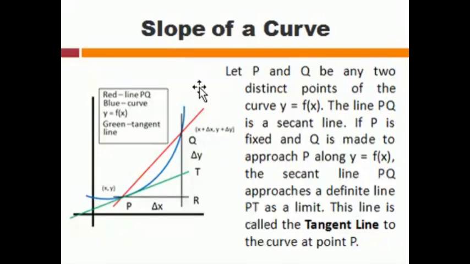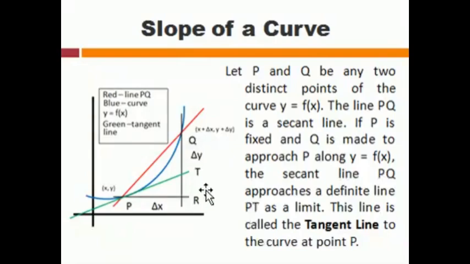The points of intersection between the lines and the curve are point P and point Q. The coordinate of point P is x, y, while the coordinate of Q is x plus delta x, y plus delta y. So you have the line delta x and line delta y.